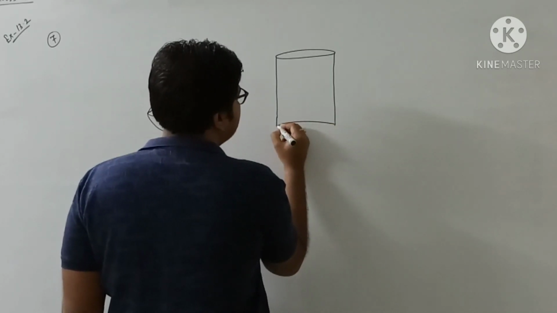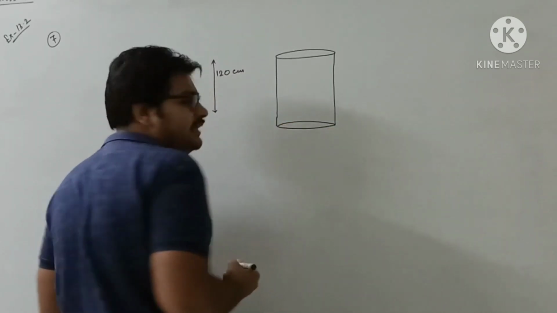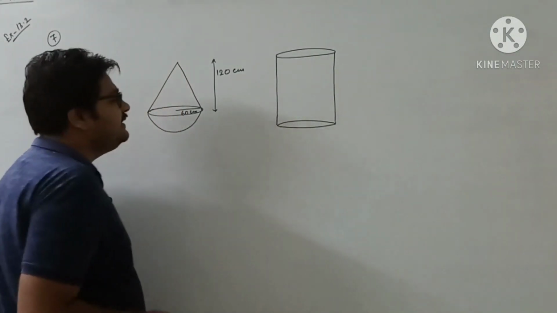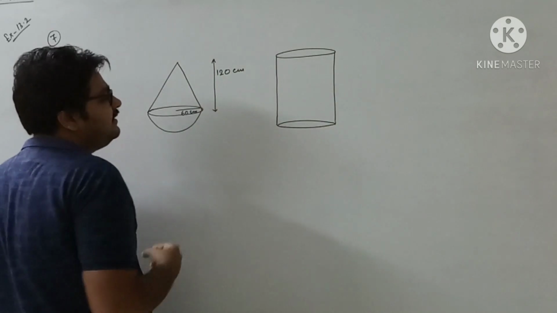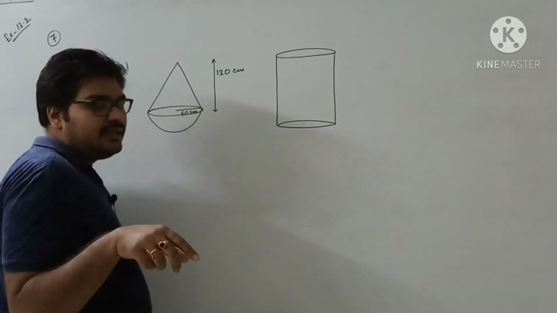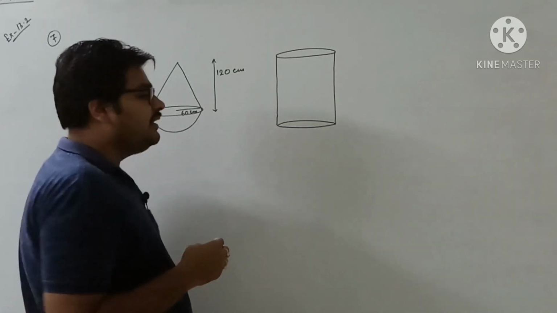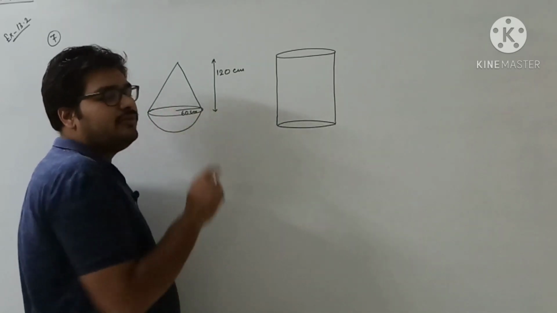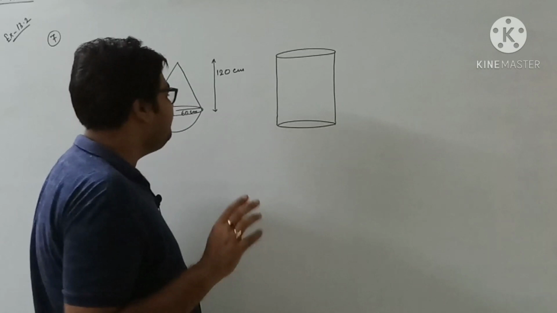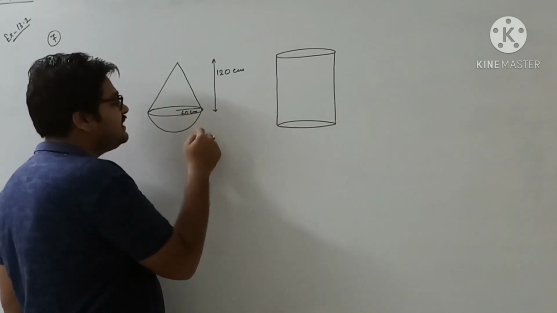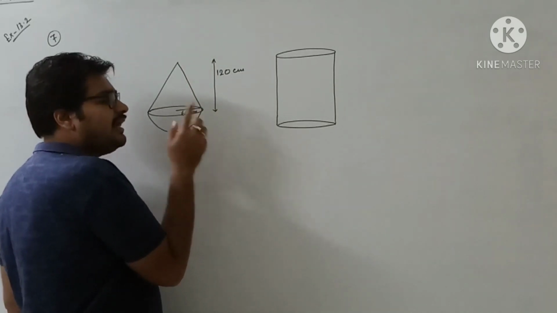If we keep the solid in this cylinder, actually it has been told that whenever we keep it upright in the cylinder, this solid will touch the bottom of the cylinder. Very good. If the solid touches the bottom of the cylinder, this total height is 180 centimeter. I have checked before.